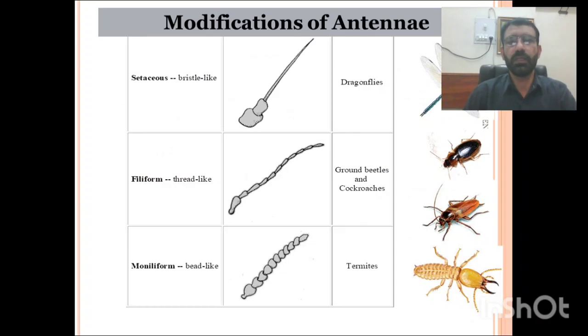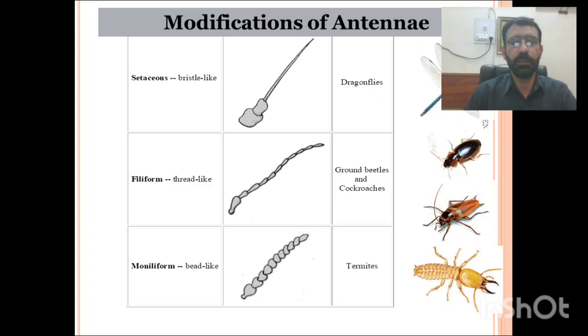So here are some modifications of antenna in different insects. As we know, insect antennae are modified based on their functions. First of all, the antenna of a dragonfly is a bristle-like structure, also known as setaceous. Then in ground beetles and cockroaches, the antenna is thread-like and known as filiform.